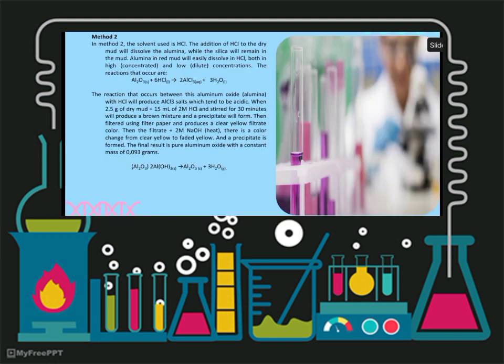Method 2. In method 2, the solvent used is HCl. The addition of HCl to the dry mud will dissolve the alumina while the silica will remain in the mud. Alumina in red mud will easily dissolve in HCl, both in high or concentrated and low or dilute concentration. The reaction that occurs is Al2O3 plus 6HCl yields 2AlCl3 plus 3H2O.